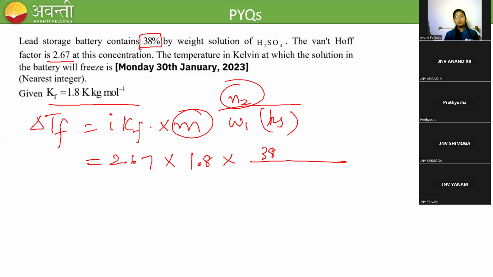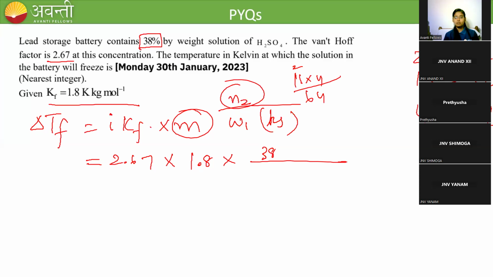How to find the molar mass? In H2SO4, 2 hydrogens, so 2. Only 1 sulfur, so it is 32. We have 4 oxygen, so what will be the value for 4 oxygen? 16 into 4 is how much? 64, right? So 64 is for oxygen, and the total is 98.